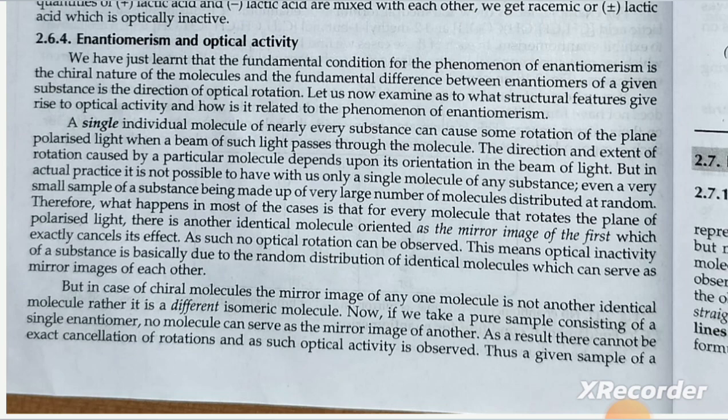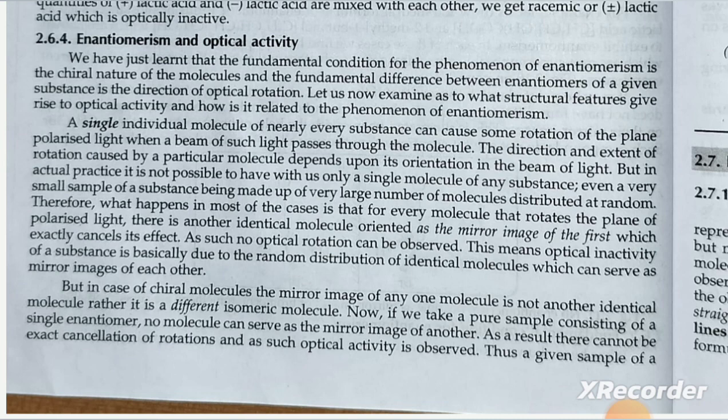The direction and extent of rotation caused by a particular molecule depend upon its orientation in the beam of light. But in actual practice, it is not possible to have only a single molecule of a substance, even a very small sample being made up of a very large number of molecules distributed at random.